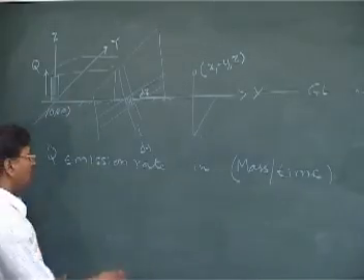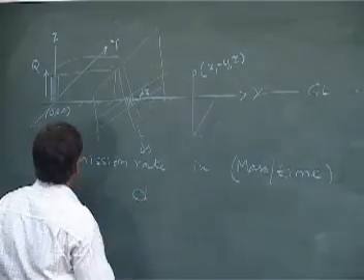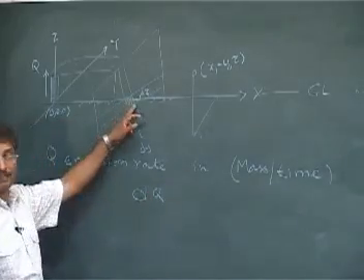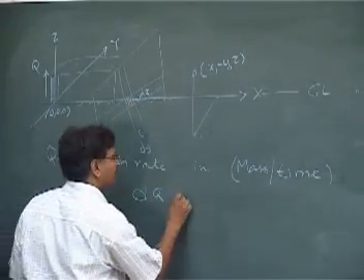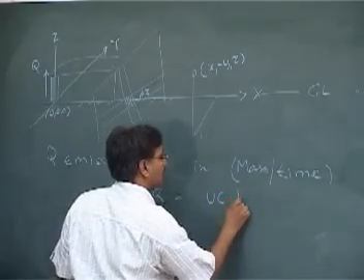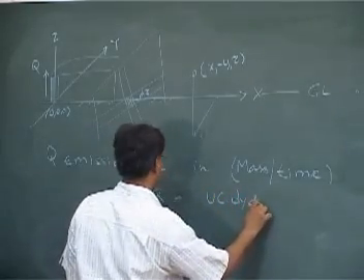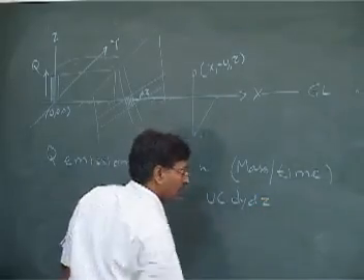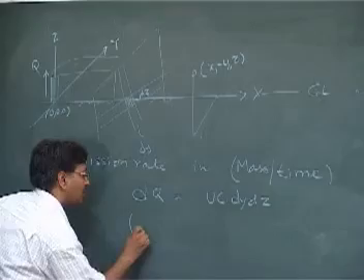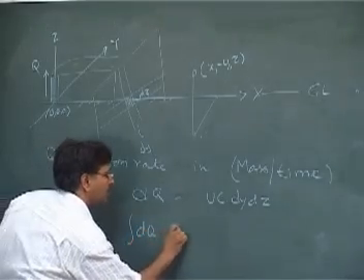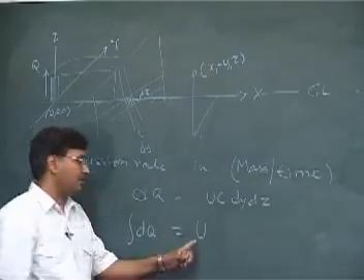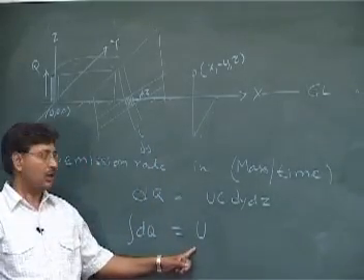And if you will agree with me that dQ passing through this strip will be nothing but u times C dy dz. Okay. If I integrate from both the sides, u, as I am saying, is not a function of anything.